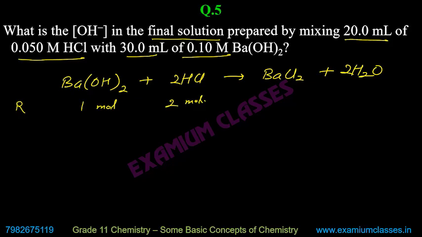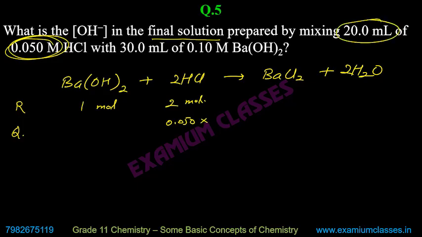And you can calculate the number of moles of HCl and Ba(OH)2 because you have been given the volume and molarity. So according to the question, moles of HCl are molarity, that is 0.050, multiplied by volume, 0.020.